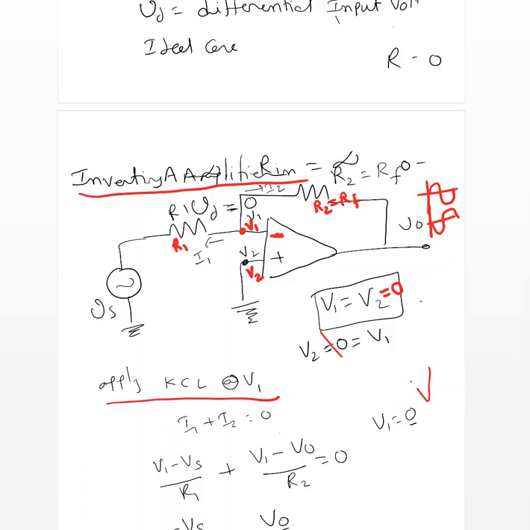Now if I apply KCL at V1, I know the current going into the op-amp is 0 amperes. So I1 going out, I2 is also going out, equal to 0. I1 can be written as V1 minus Vs divided by R1, plus I2, which is V1 minus V0 over R2, equal to 0.